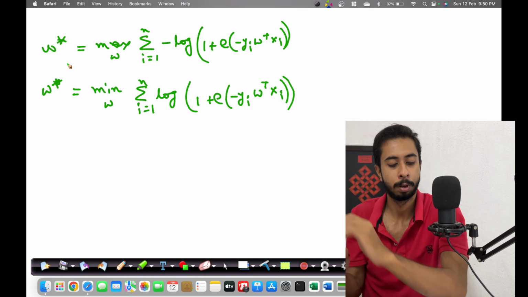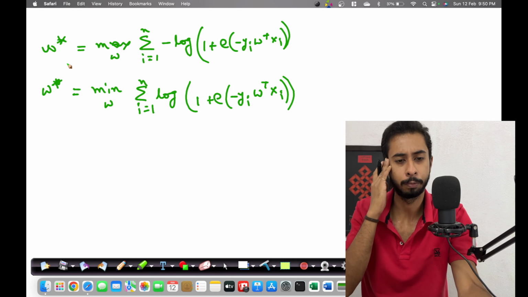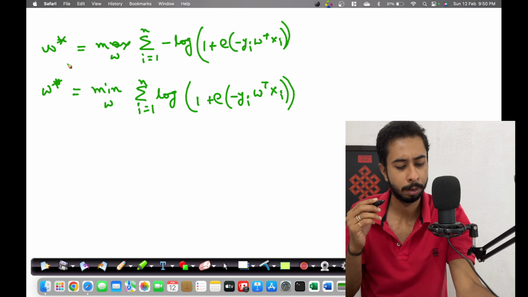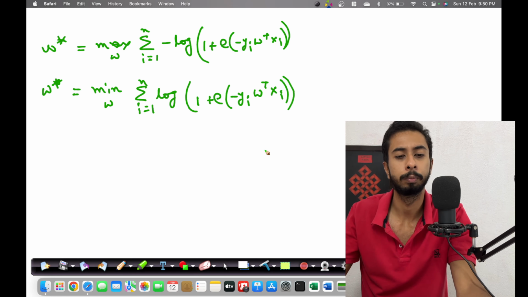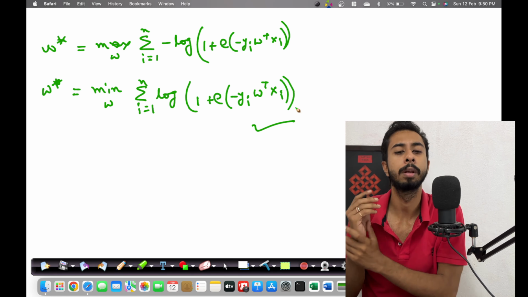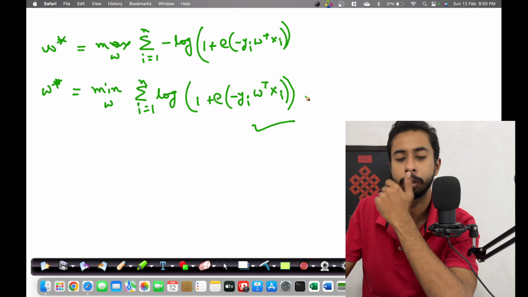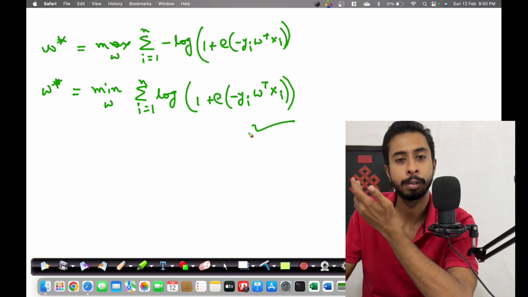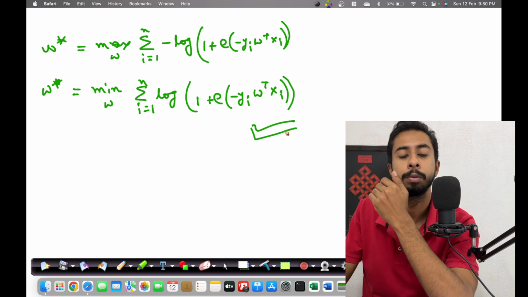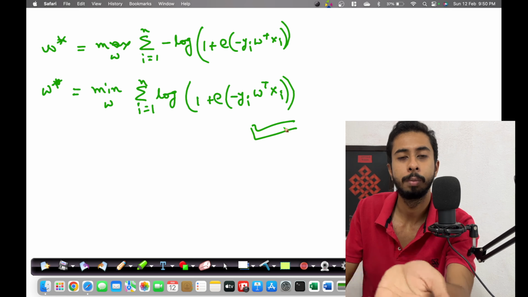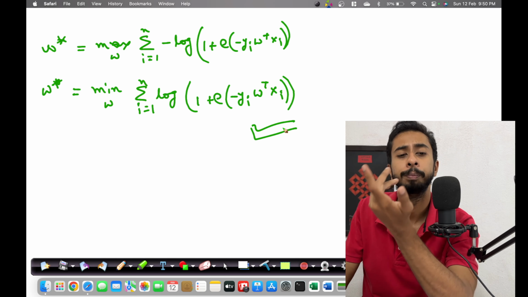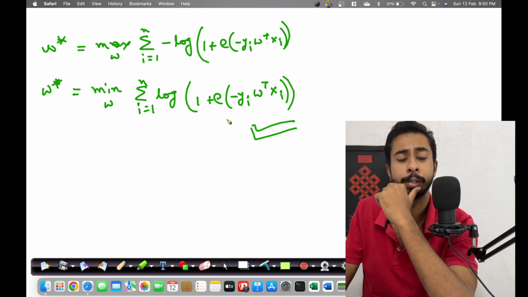So I think that's it for this video. In the next video I'll be adding some extra things to this, but this is the equation of logistic regression which you'll be using, which will be implemented in the logistic regression algorithm.